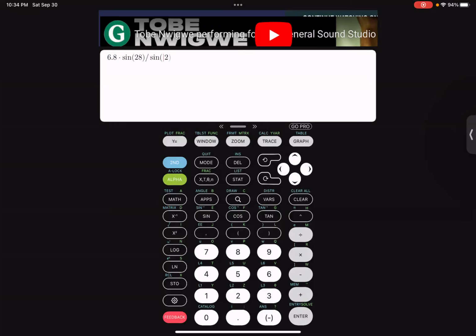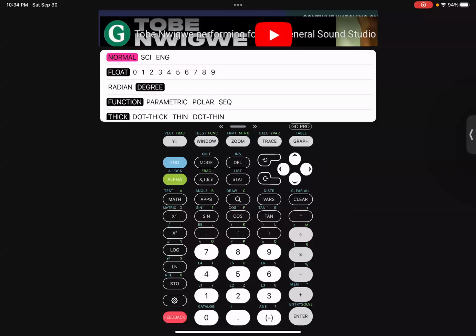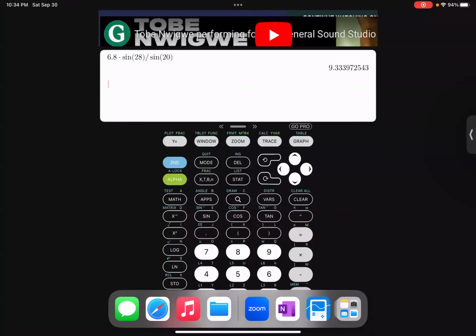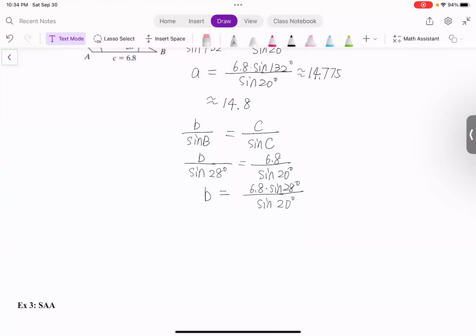Make sure you have your calculator in the degree mode, because all the input information, 28, 20, are in degrees. You can check if your mode is in the degree mode. So click second mode, quit. Hit enter.